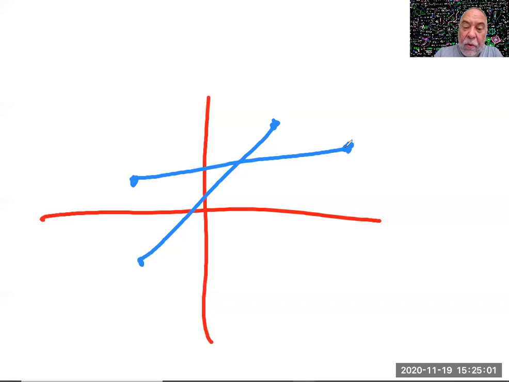If they give you the points, like here and here, and here and here, then all you have to do is figure out the slope, figure out the y-intercept, and you know the equations. Put them in Desmos or any other graphing calculator, and the solution is where they intersect. This being the x value, and this being the y value.